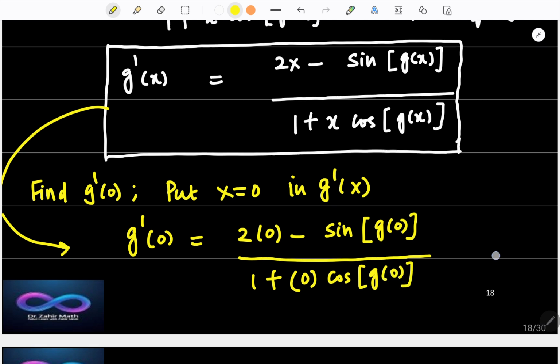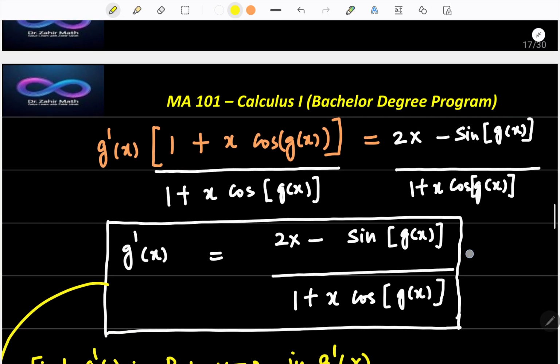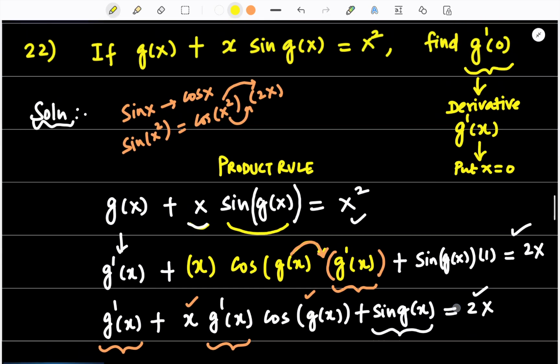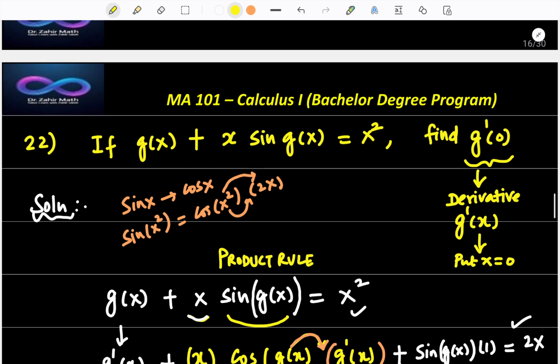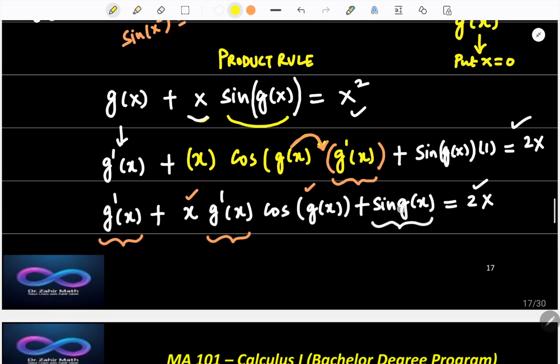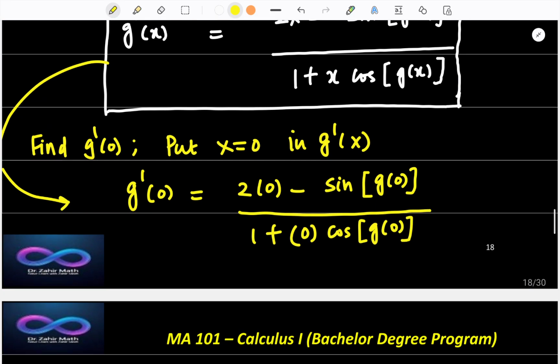Okay, right. What is this, teacher? Sine g of 0. You're going to put x is equal to 0. Look here. If you put x is equal to 0, what happens? Sine g of 0, this part, it's automatically sine 0 is what? 0, right? So this also 0. This also 0. So everything will be what? Sine g of 0 is what? 0. So this is also 0.